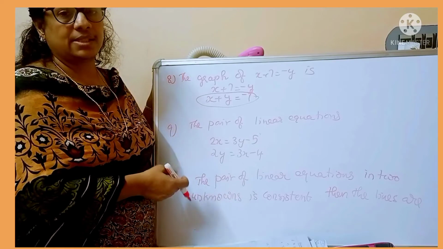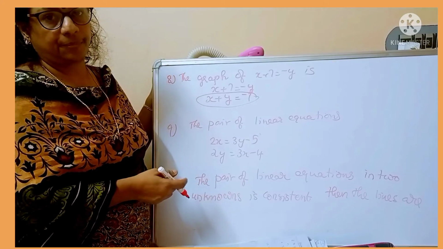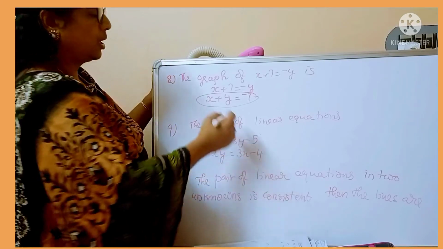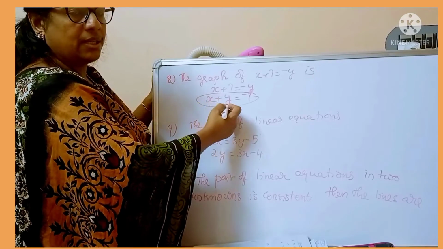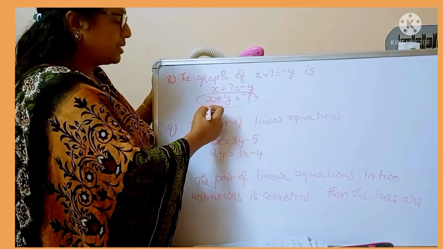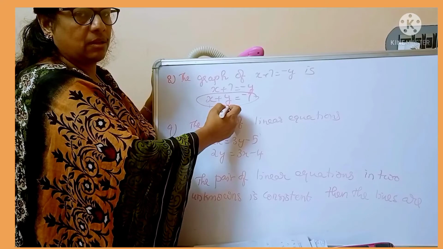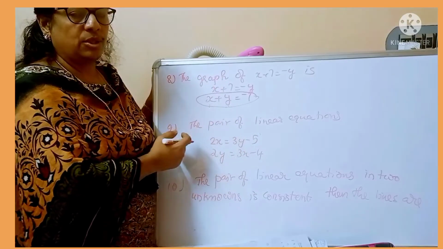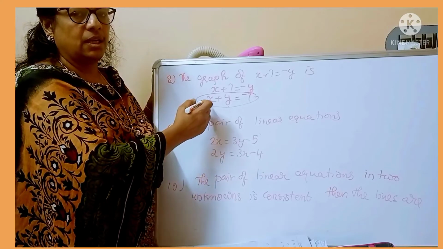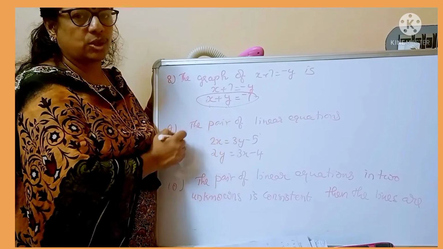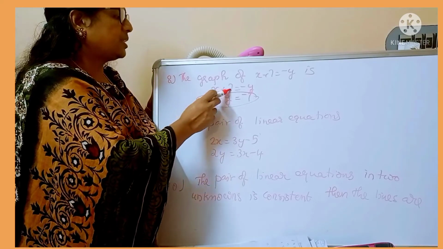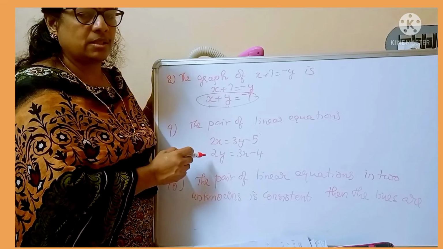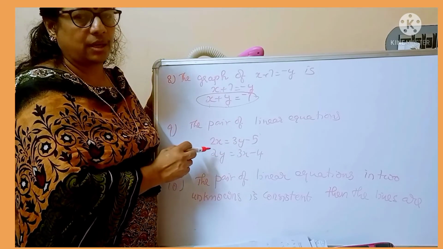That means it is a slanted straight line. Roughly we can find out: if x is negative 1, y is negative 6. If x is 0, y is negative 7. So after plotting the points, it will be a slanted straight line. That means x plus 7 is equal to negative y represents a slanted straight line.